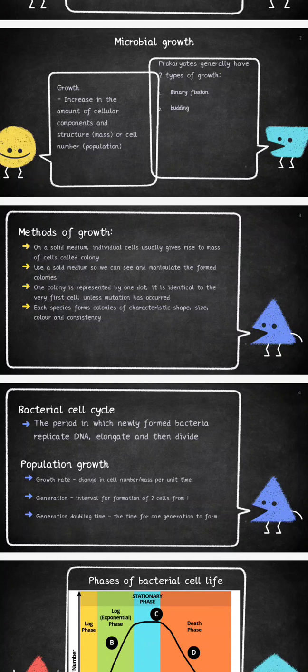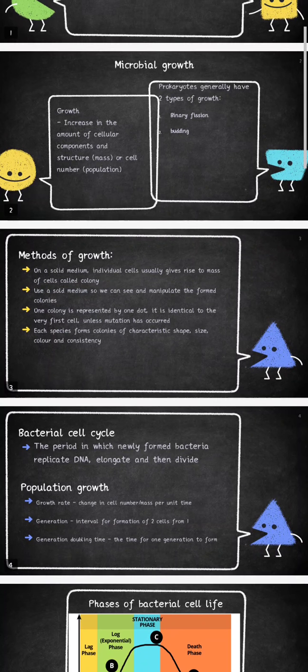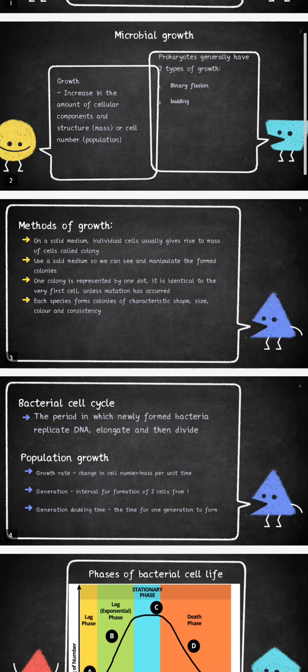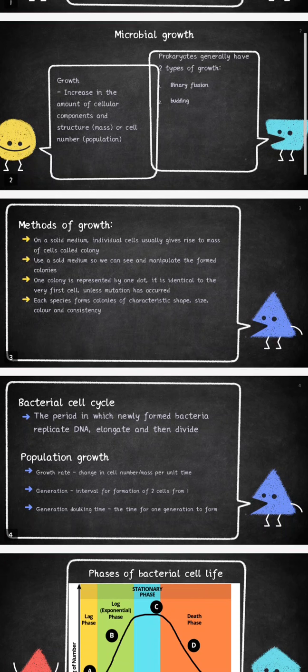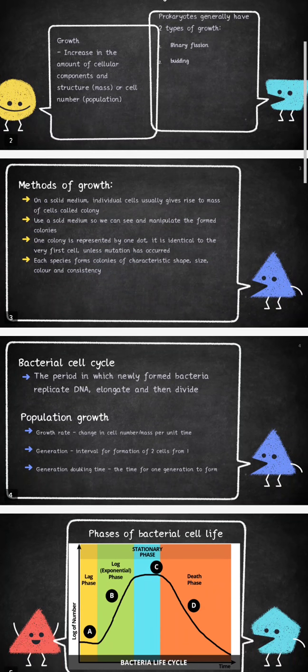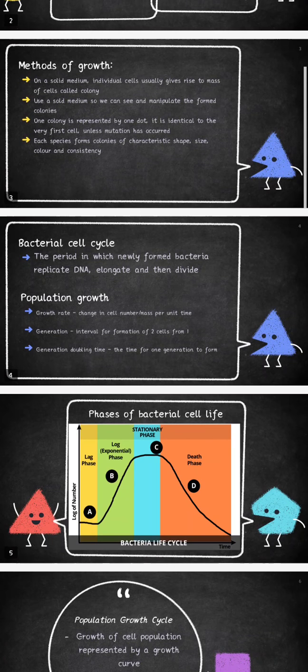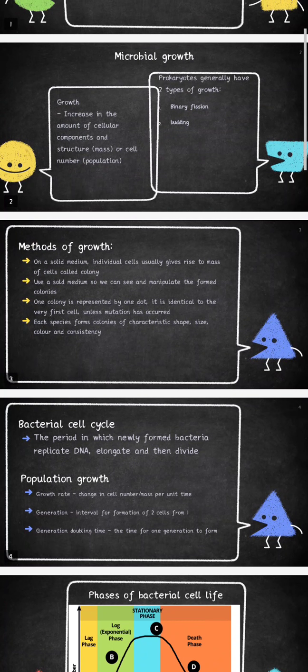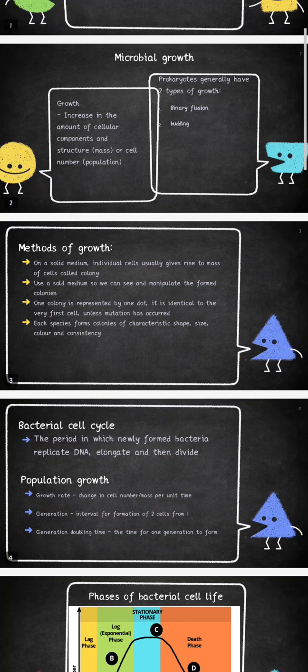Fifth, opacity, if it's transparent or clear, opaque, translucent, iridescent. And last is the consistency of the colony, if it is friable, dry, or crumbly. So that will be the methods of the growth of your microbes.